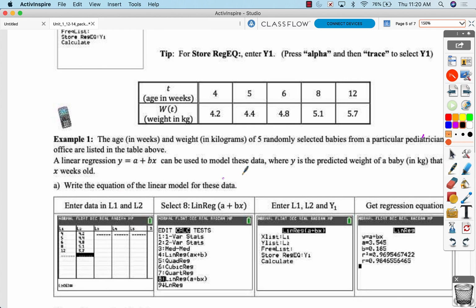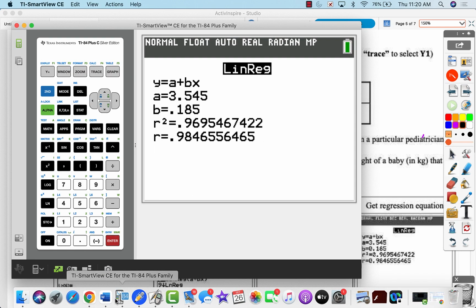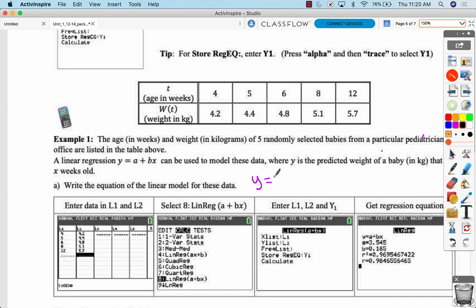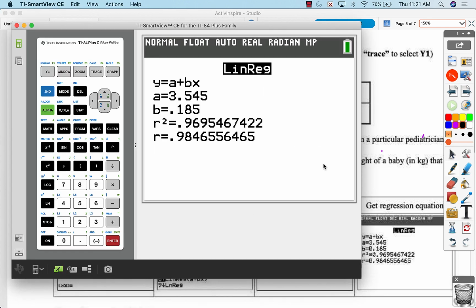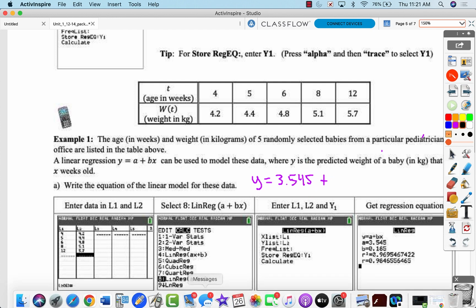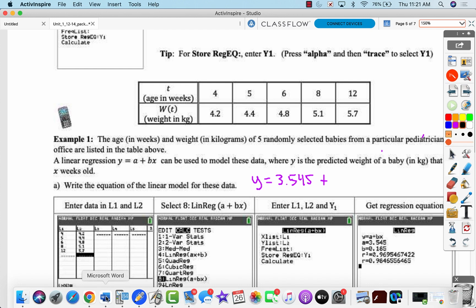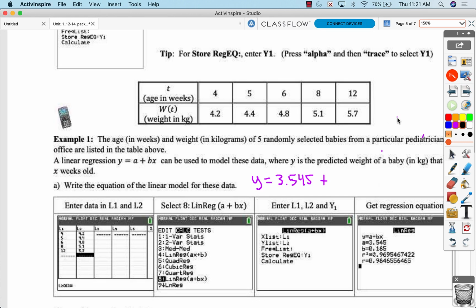Let's write the equation. So it's y equals, I have to look at it again, 3.545, yeah, bad memory. 3.545, and then plus 0.185x.